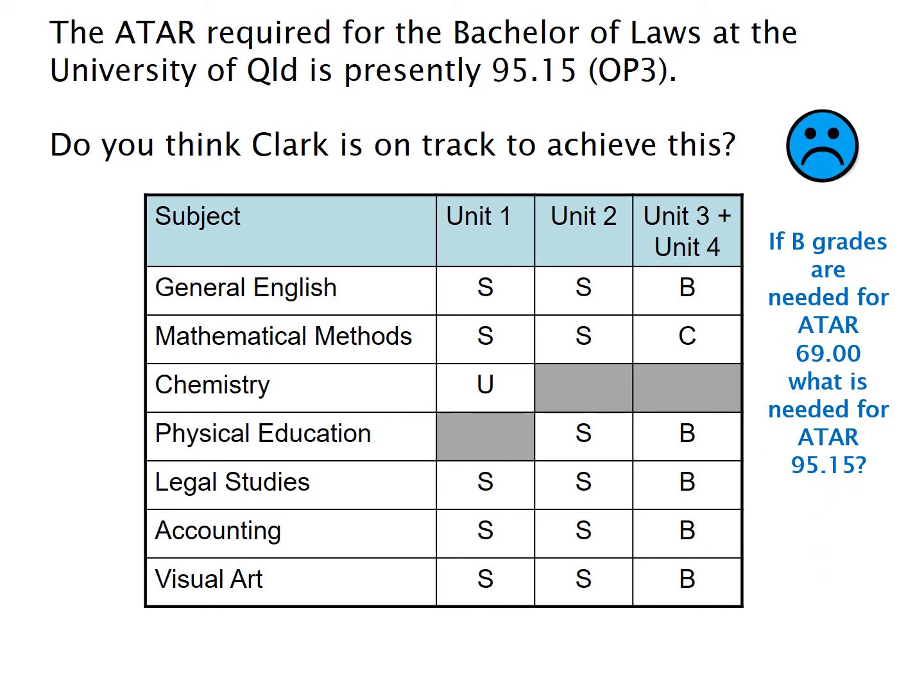Because remember those previous case studies that we had? We said that you needed B's to get that magic useful ATAR over 69. However, this course is looking for a 95.15. I think he's going to need better than B's. I think he's actually going to need A's. So maybe Clark will miss out on entry to the Bachelor of Laws.